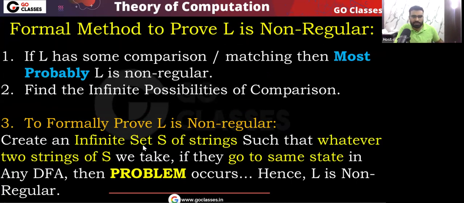I told you this method we have already seen in the previous lecture for many examples. If the language has some comparison or matching, then most probably the language is non-regular. Now what we do is find the infinite possibilities of comparison or matching.